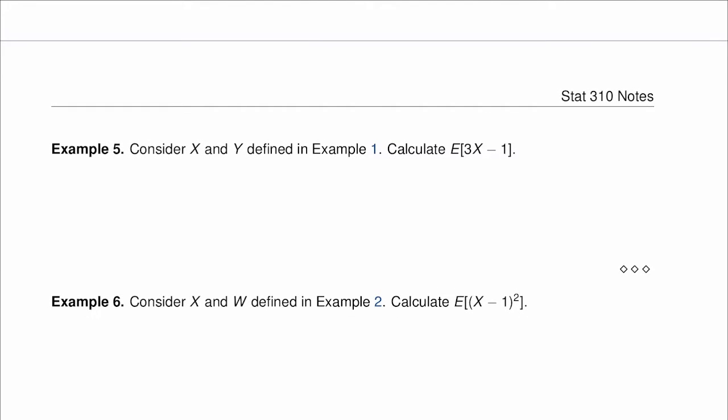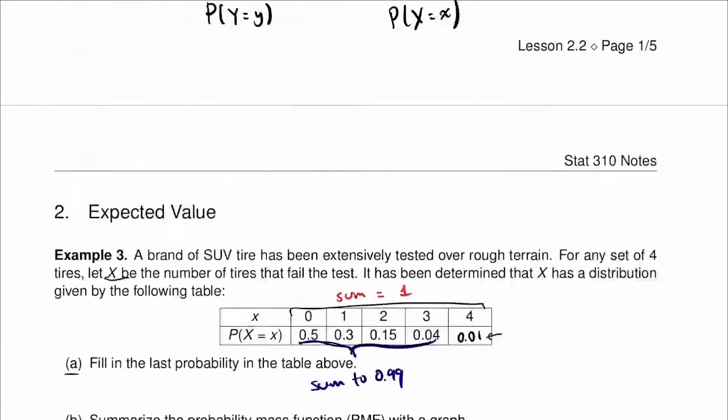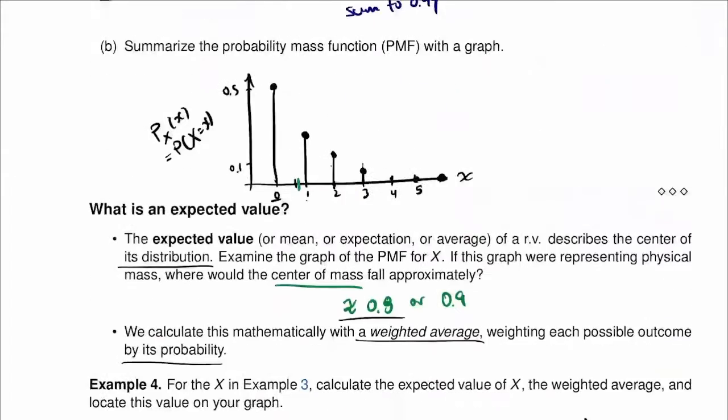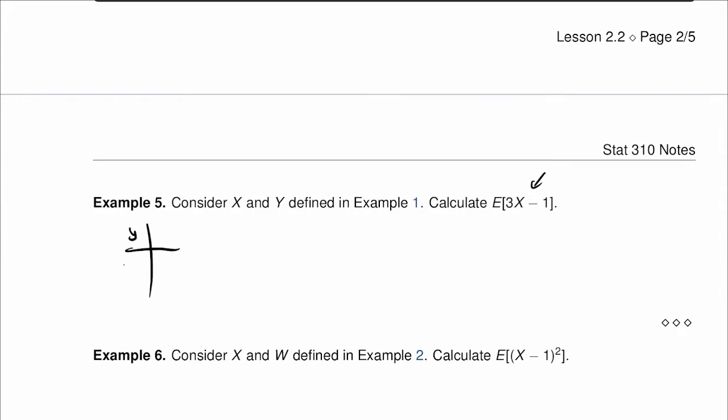Let X and Y be defined as in example 1. Calculate this expected value. Remember that Y takes the values -1, 2, and 5, and the probability of Y taking those values was 1/4, 2/4, and 1/4.